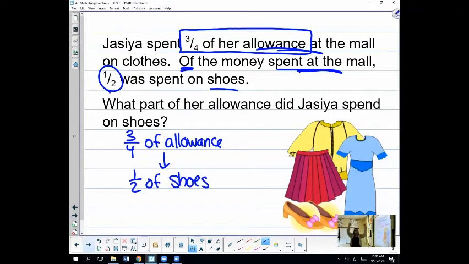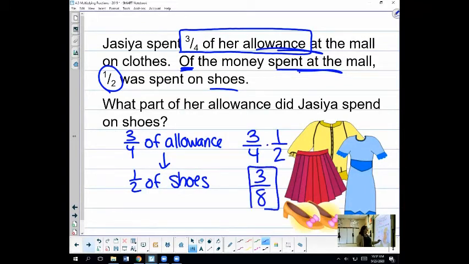So out of all the money she had, what did she spend from the mall specifically on shoes? Well, 3/4 of her allowance she spent, and she spent half of that on shoes. So if you think about it, all you have to do is multiply those two. Because 3/4 times a half would be 3/8. So 3/8 of her allowance was spent on shoes.